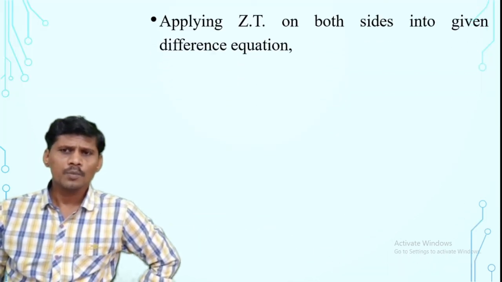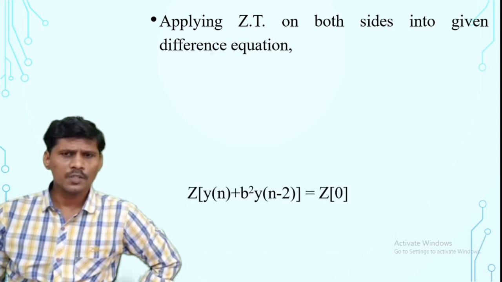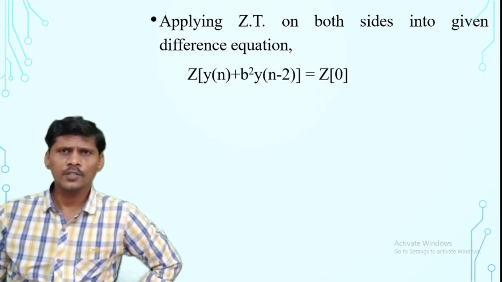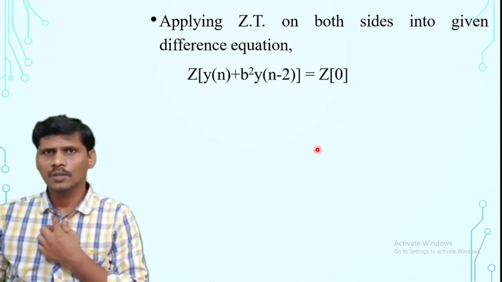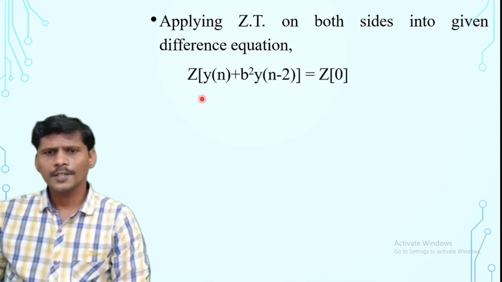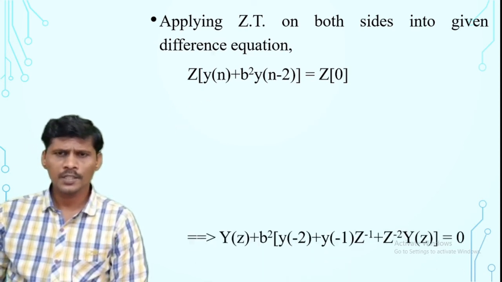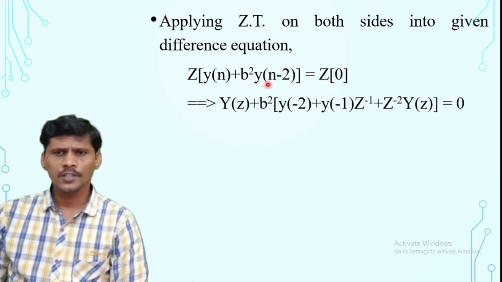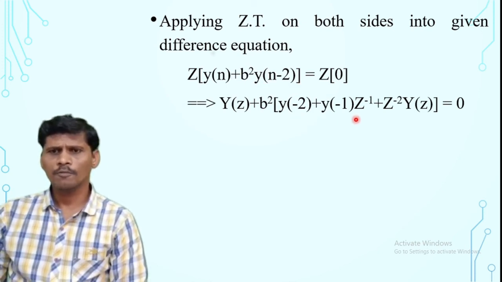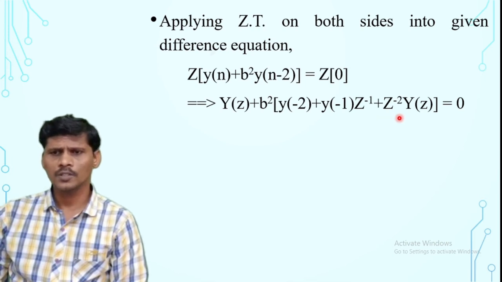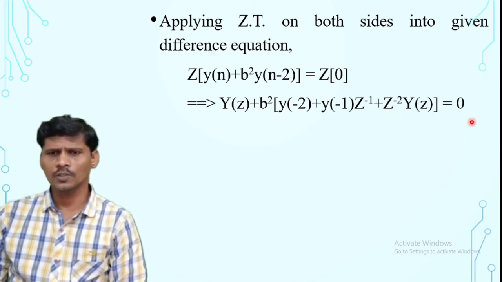Applying the z transform on both sides of the given difference equation, we get z transform of LHS term is equal to z transform of RHS term. So z transform of y of n is y of z and b square is constant. Z transform of y of n minus 2 is y of minus 2 plus y of minus 1 z power minus 1 plus z power minus 2 y of z is equal to 0.